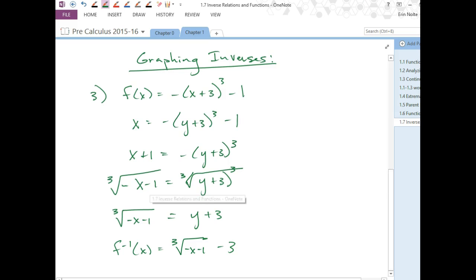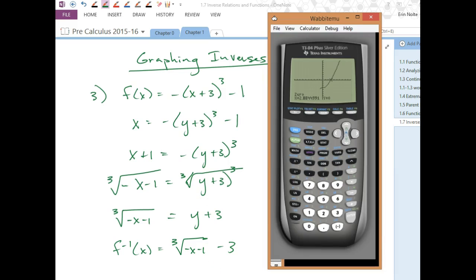I get it now. Okay, so I'm going to type the original and also the inverse into the calculator. And I want to see if you can see the relationship between the original function and the inverse.